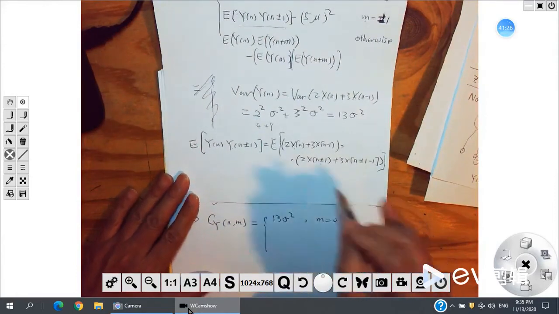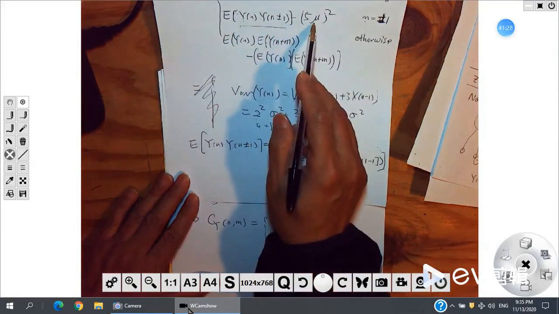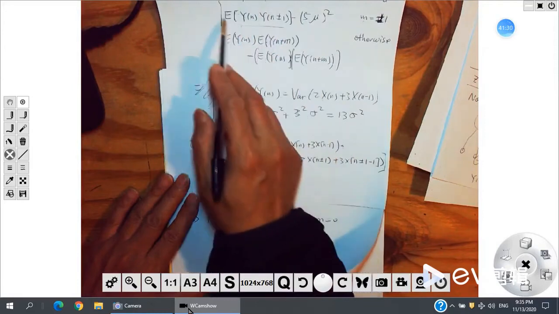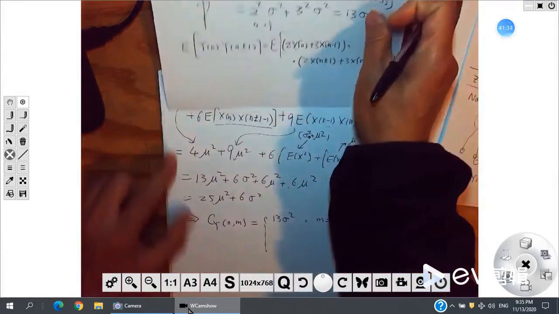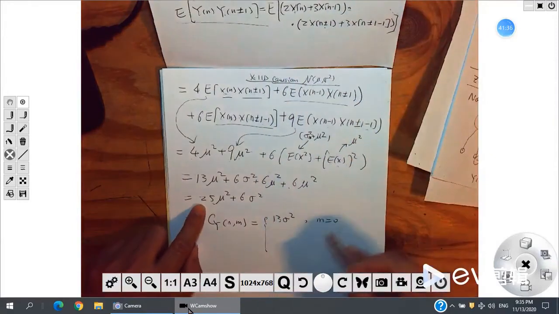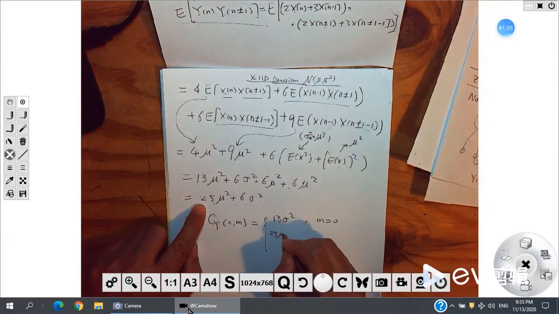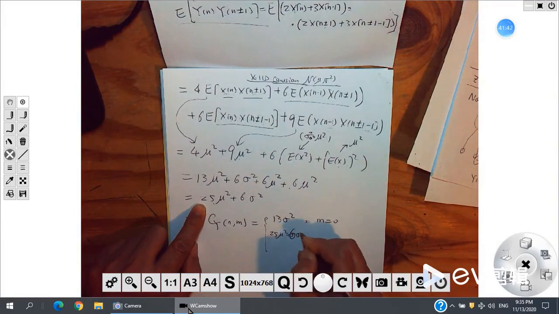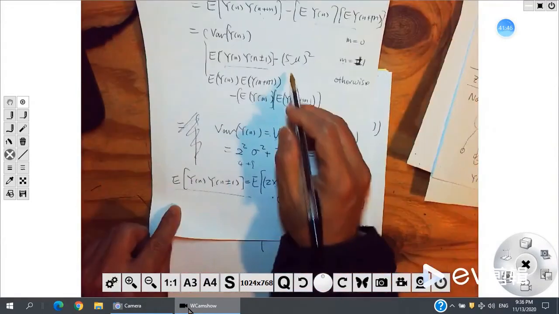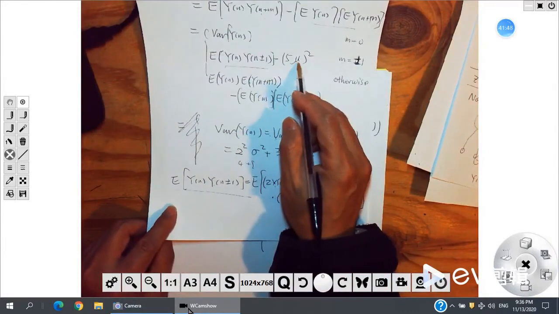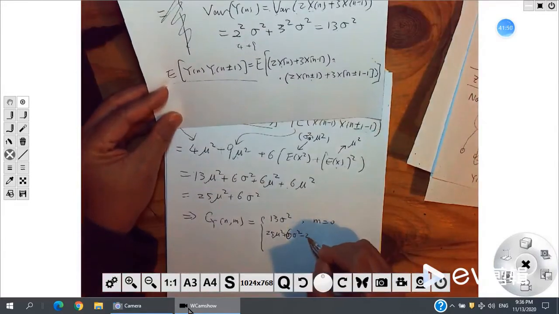And the second case is this one minus this one. The first term, this part, is here. And we calculate it, we get this one, right? This is 25 mu squared plus 6 sigma squared, and minus this, this will be 25 mu squared. So minus 25 mu squared.